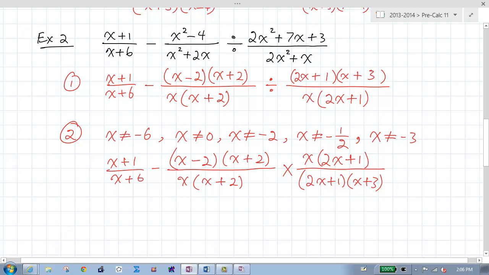Yeah? Now we start sort of simplifying. BEDMAS says do the multiplication first. So with the multiplication that we have, we're going to start simplifying what's common between the numerator and the denominator. X plus 2 is common between the numerator and the denominator. X is common between the numerator and the denominator. 2x plus 1 is common between the numerator and the denominator.